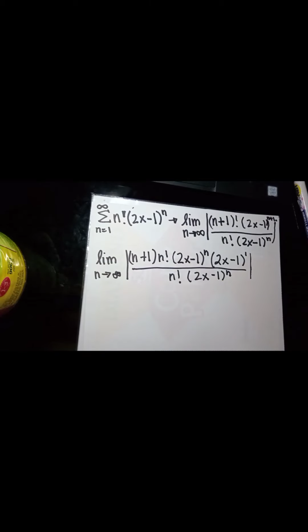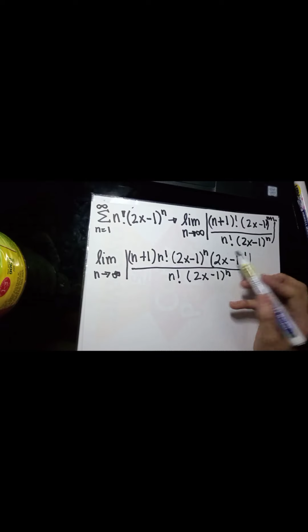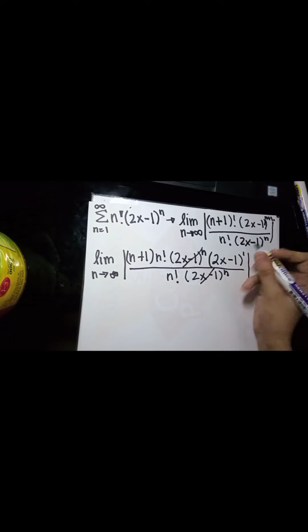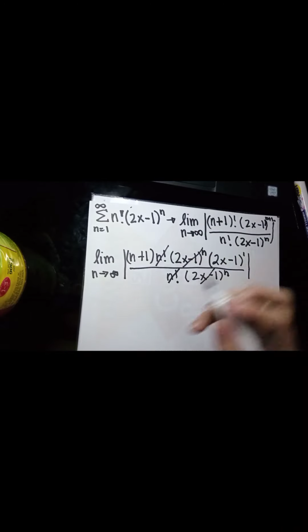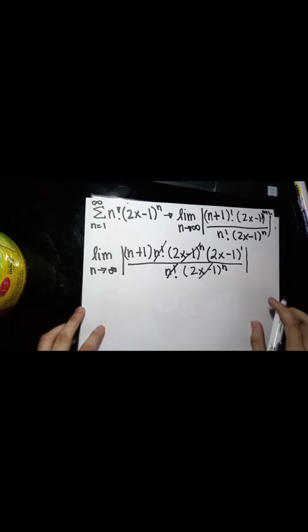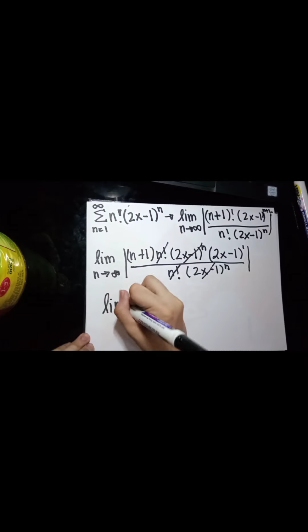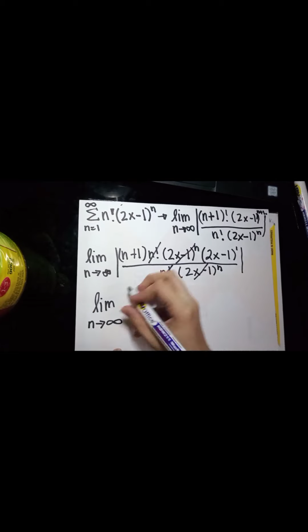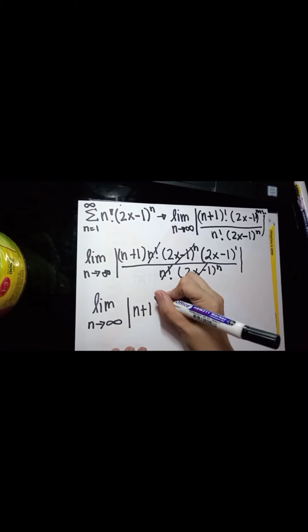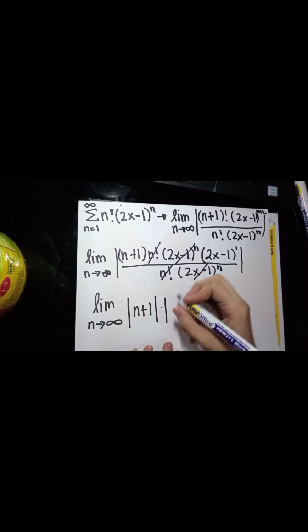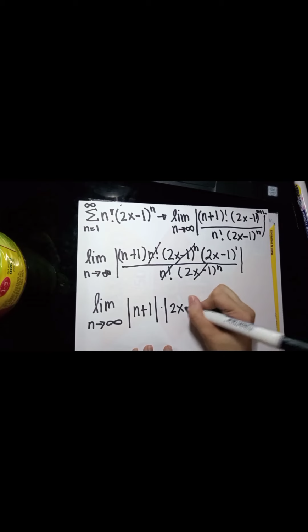So we can cancel 2x minus 1 to the n and n factorial. So now we can write this as the limit as n approaches infinity of n plus 1 times 2x minus 1.